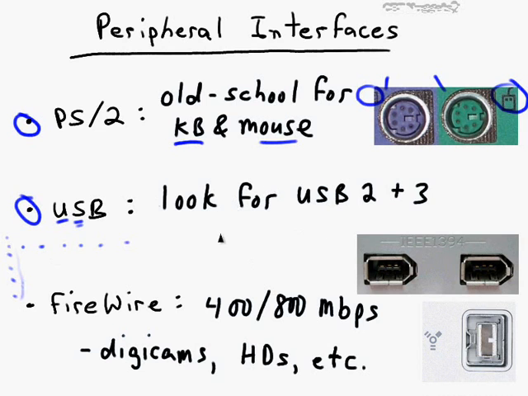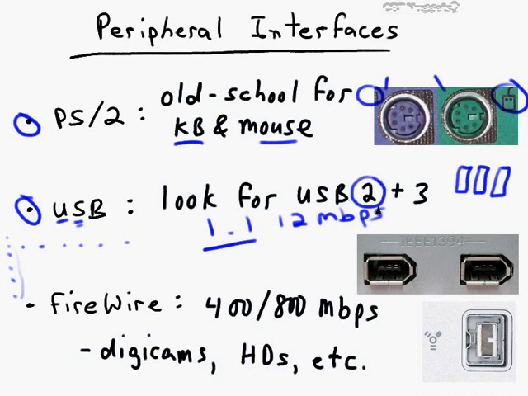USB has different versions. The original specification of USB was 1.1, and you want to avoid those buses wherever possible. You can find USB 1.1 buses on older computers, like several years old. Actually, when you're looking at the back of a PC case and you're seeing the USB connectors, it's almost impossible, if not impossible, just by looking at them, to determine whether they're USB 1.1 or the current standard USB 2.